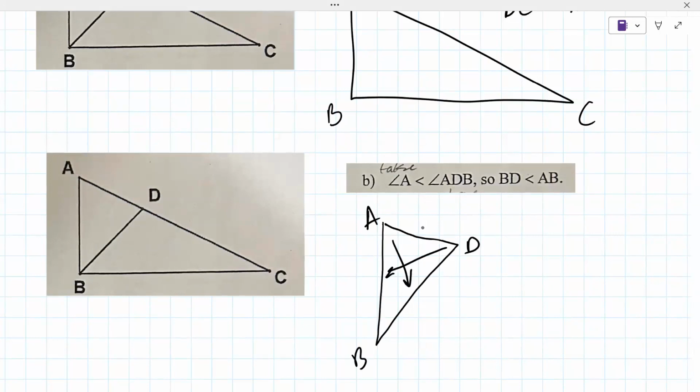We know that angle A is less than angle ADB, so then side BD is going to be less than AB. If angle A is less than that one, then the side across from it is less than the other side.